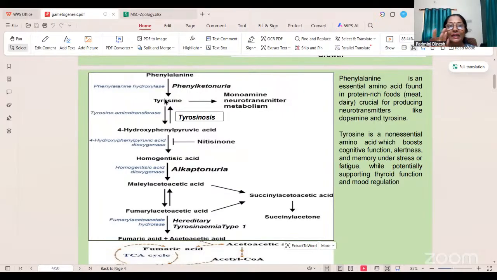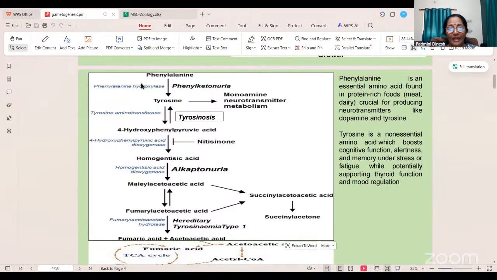That is, when you're alert, say for example, when something is moving, immediately you look over there, or there's some sound coming from outside, you react to that sound. Cognitive alertness is because of tyrosine. Then also stress, how you decode that stress. Then also how the thyroid function is occurring, all this is because of tyrosine.